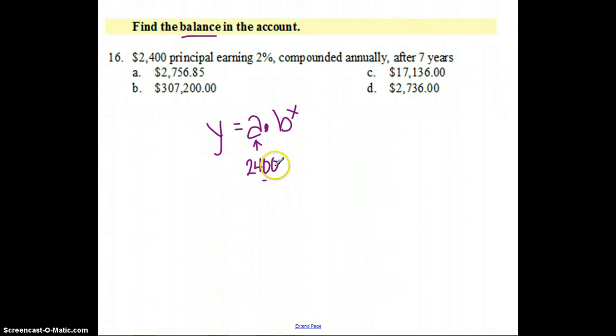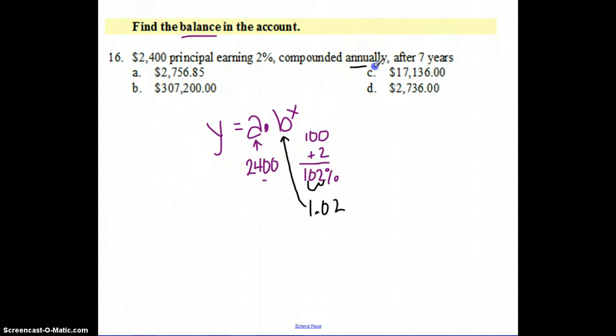Now, remember, interest is an additional amount, so this is going to be an increase. So we take our 100 and add our 2%, get 102%. And if I move my decimal 2 places like we've done on the other ones, that would give me 1.02. It's going to be this value that goes in here for b.